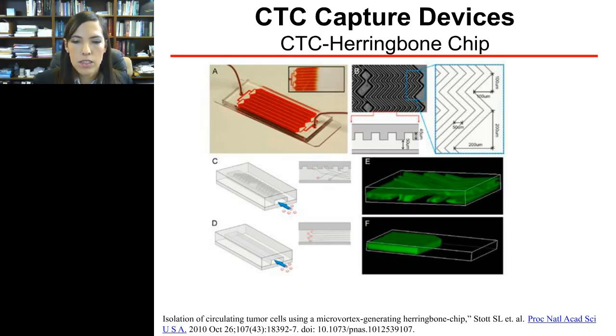This device has garnered a lot of attention and looks like one of the new promising methods to detect CTCs. The herringbone chip applies passive mixing of blood cells through the generation of microvortices to significantly increase the number of interactions between target CTCs and the antibody-coated chip.